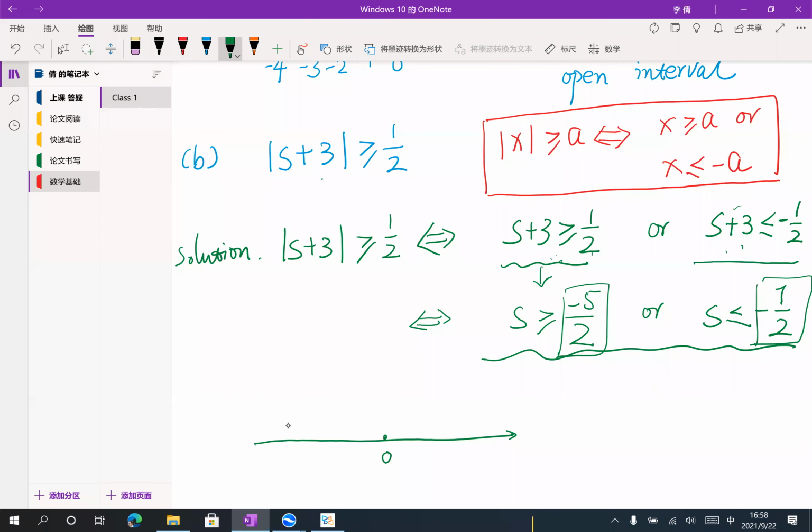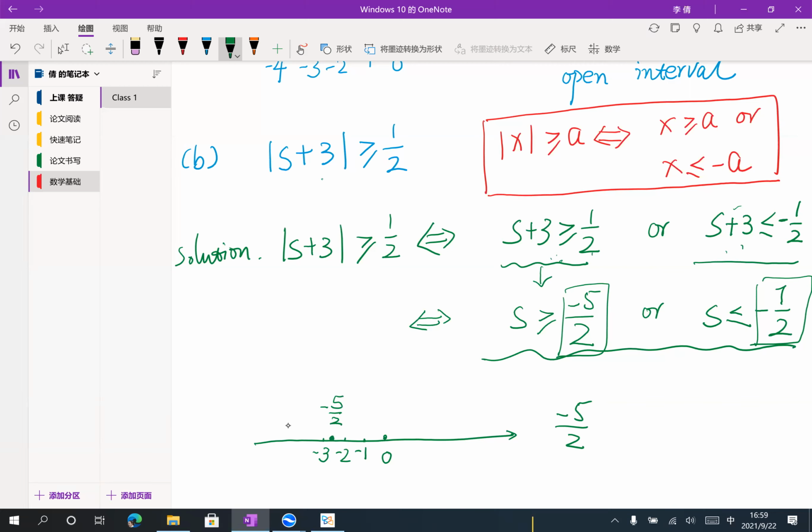This is negative 1, this is negative 2, and this is negative 3. And let's see, negative 5 over 2 is the middle point between negative 2 and negative 3, right? So this point is negative 5 over 2.